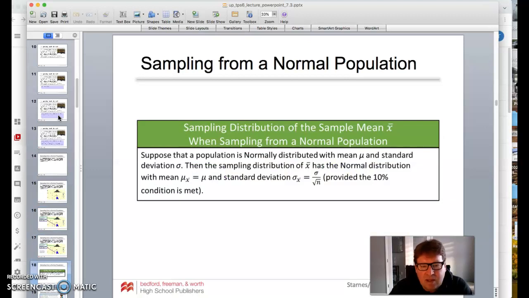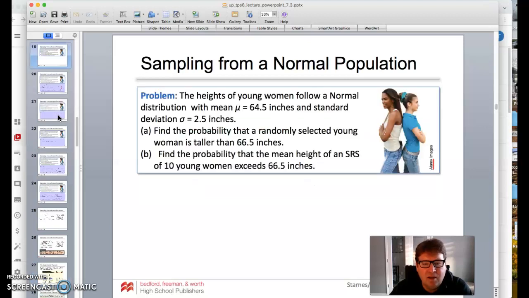So suppose the population is normally distributed with mean mu and standard deviation sigma. Then the sampling distribution of x bar is normal as well, with the same mean, and the standard deviation is the population standard deviation divided by the square root of your sample size, as long as your sample size is less than 10% of your population.